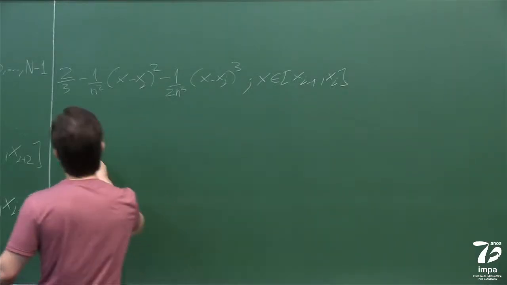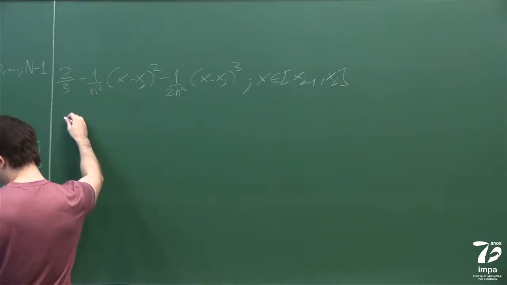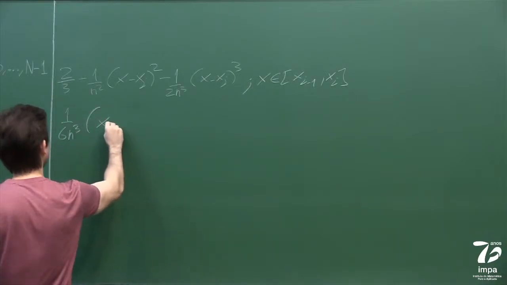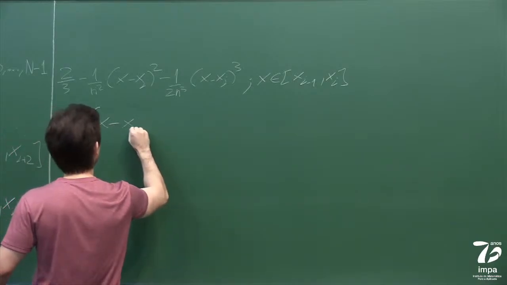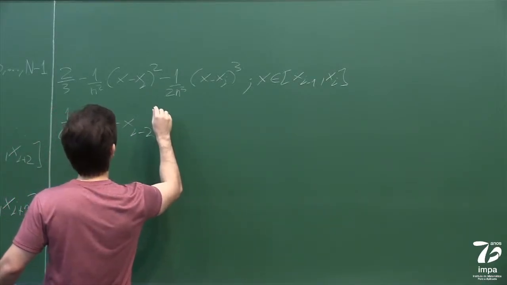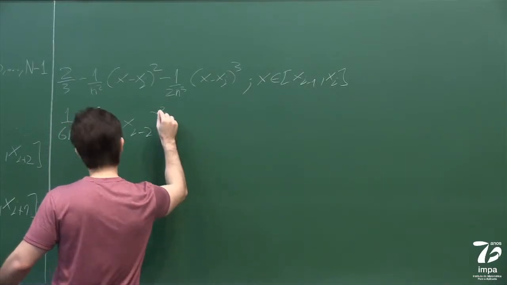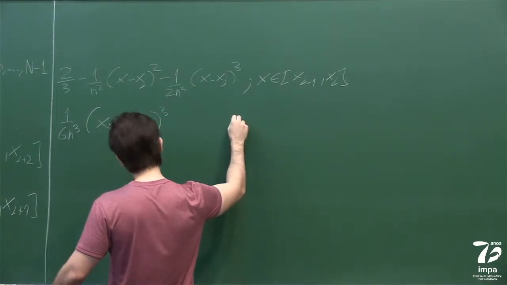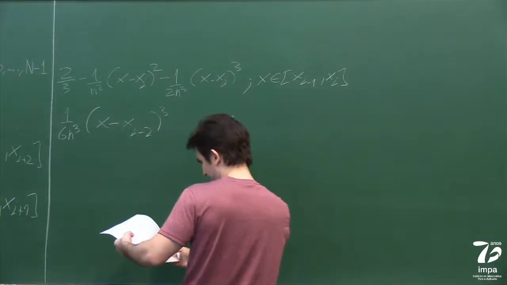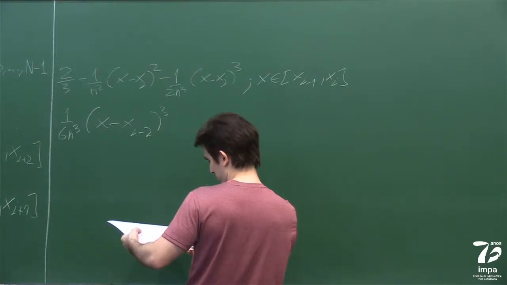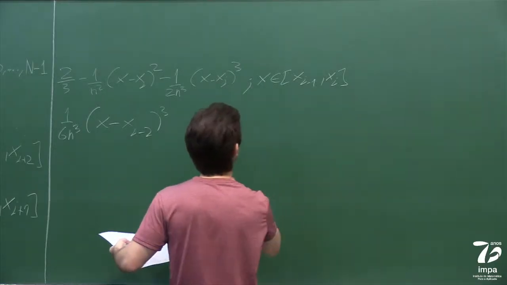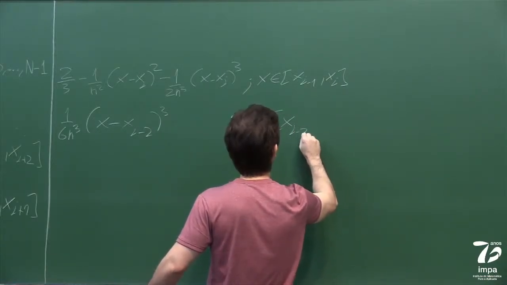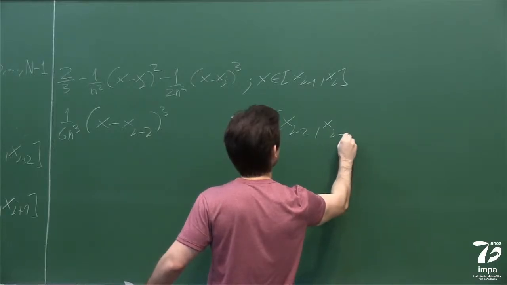We still have one more. 1 over 6h cube, x minus xj minus 2 to the power 3, when x is between xj minus 2 and xj minus 1, right?